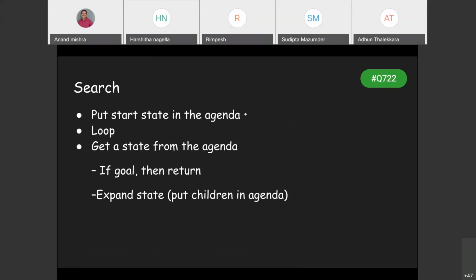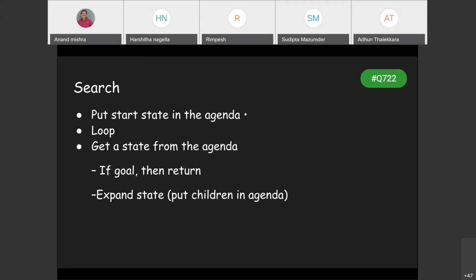Now let's briefly talk about search. I'm sure this is already covered in the earlier course itself, but just to have the context. In very abstract terms, these are the three steps you do in a search problem. If you formulate the problem as a search problem, you first put the start state in the agenda. Then you loop over two statements.